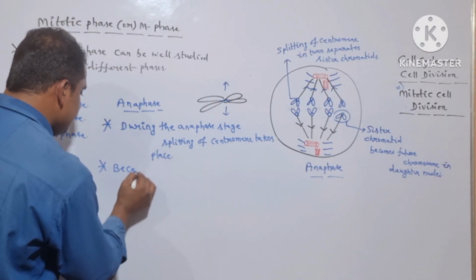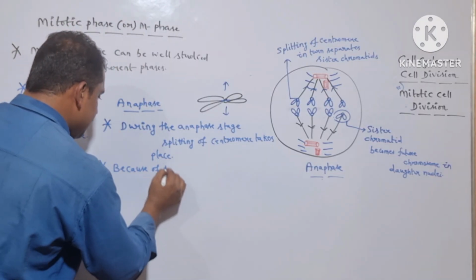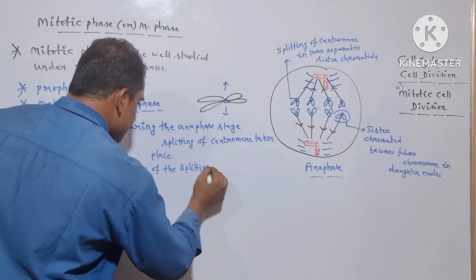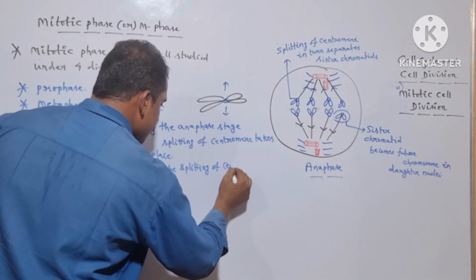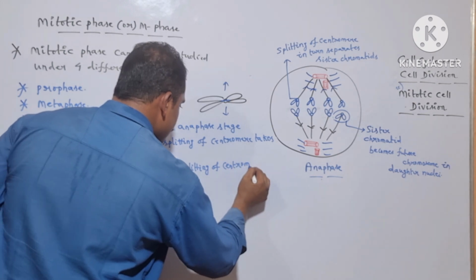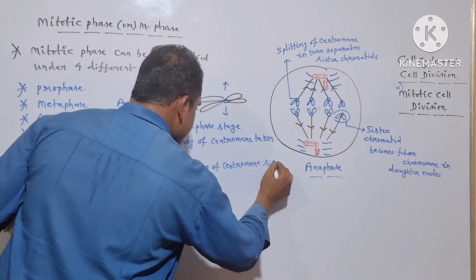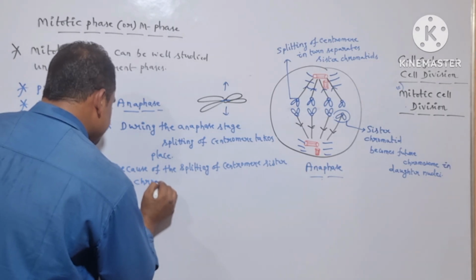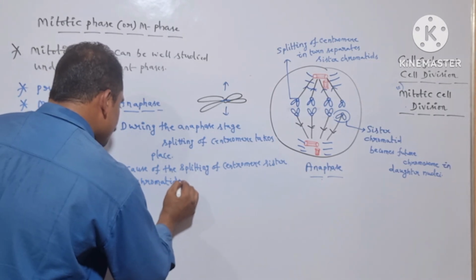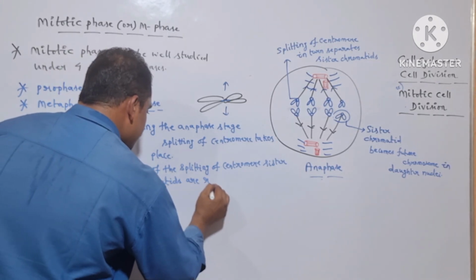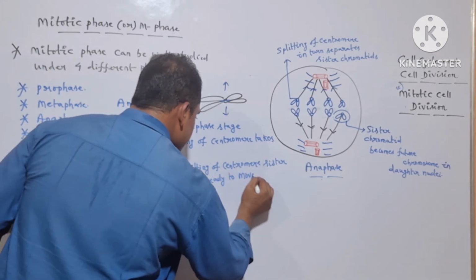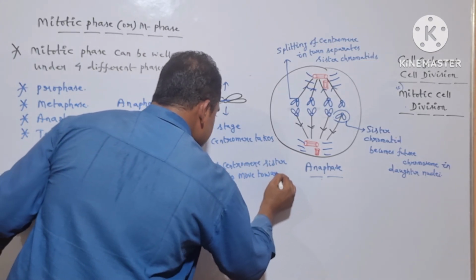Because of the splitting of the centromere, sister chromatids are ready to move towards opposite spindle poles.